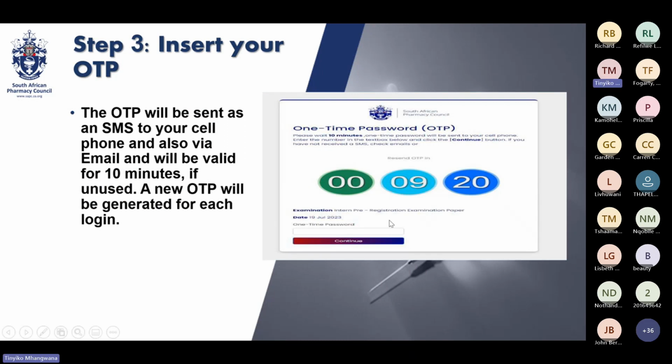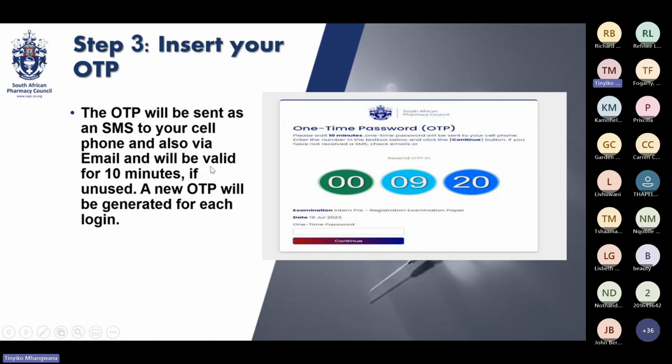So there's something that you need to also note in terms of the OTP. The OTP will be sent as an SMS to your cell phone and through the email, and it's valid for 10 minutes. So even if you want to request another one, it will not send you a new OTP before the 10 minutes has elapsed.